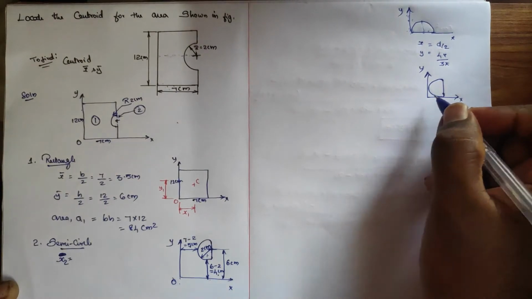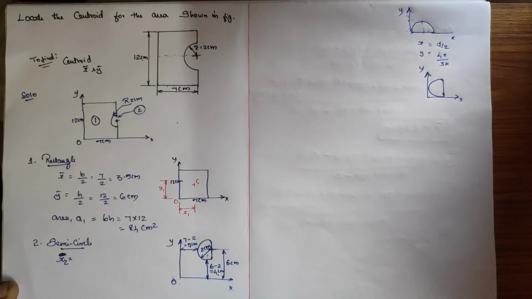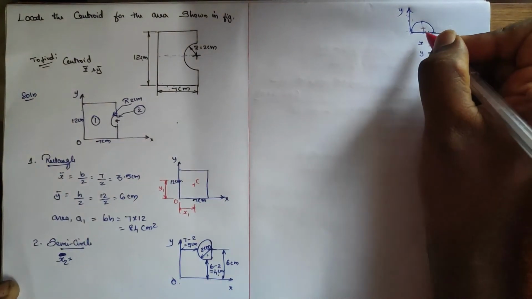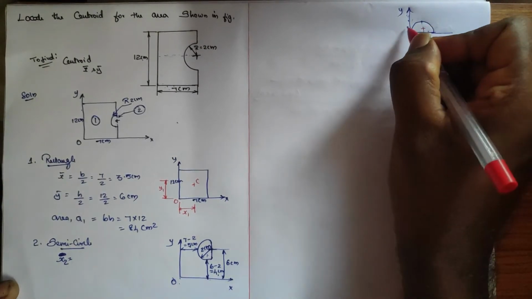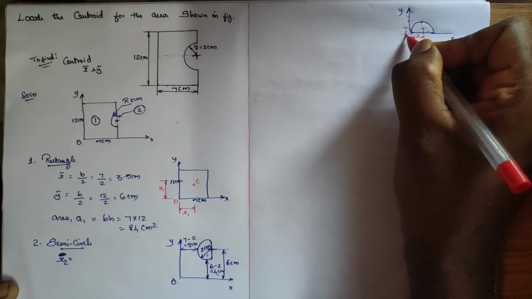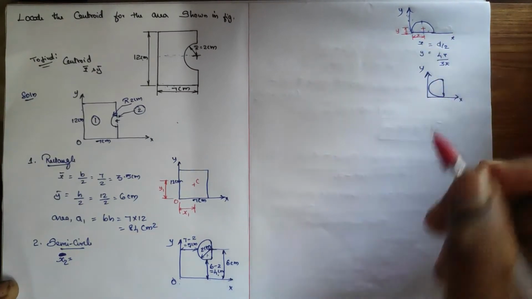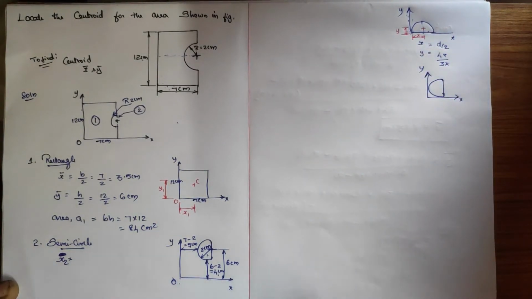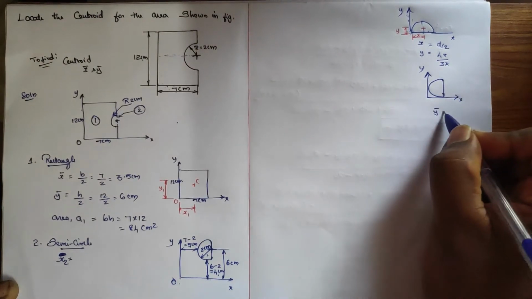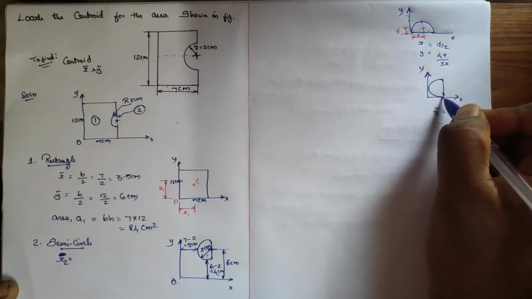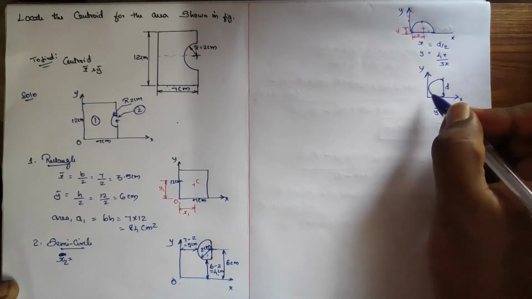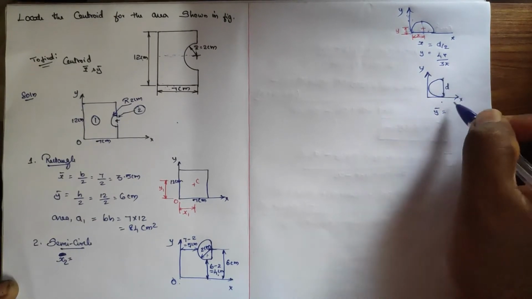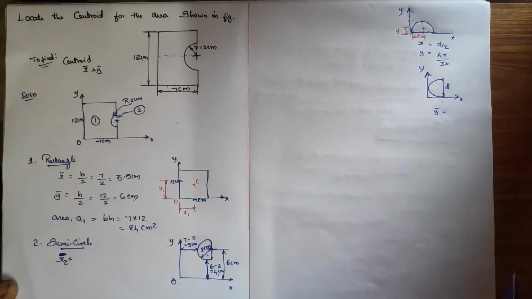So now see, this is the x here and this is the y, right? Now just keep it in your mind, for this position x bar is easy. Here, from end to end, which is d, the diameter of the semicircle, the d will be from O to this measurement.